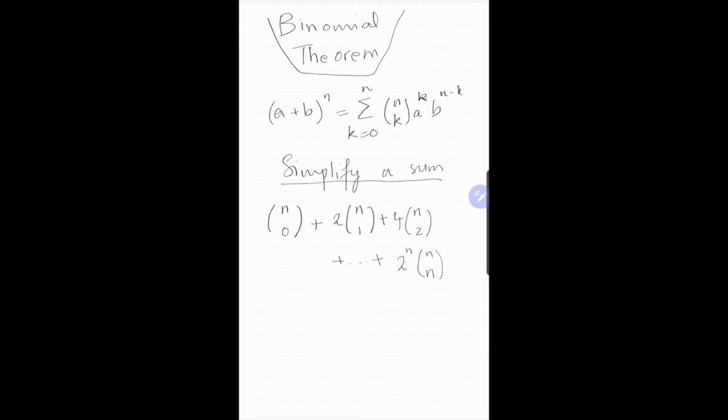Okay, so if I write it in a summation form, I say k is equal to 0 to n, nCk 2 to the k, right? Now this 2 to the k I can also easily write times 1 to the n minus k. Why can I do it? Because 1 to the power of anything is just 1, and I'm multiplying this 1 by each of these terms, which will keep the sum unchanged.